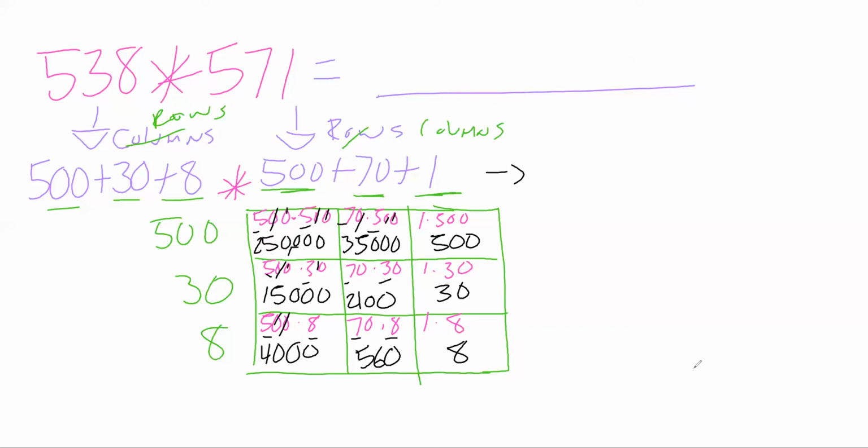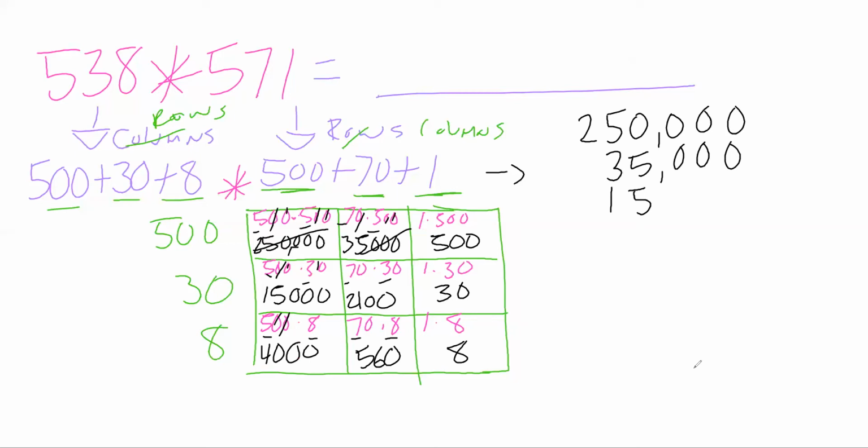Okay, so we've got a lot to line up. Again, I like to start with the largest value, and I'm going to really try to space this out so it's clear and concise. So 250,000. The next one is 35,000. Great. Looks like we've got 15,000. It's up to you the order you put these in.